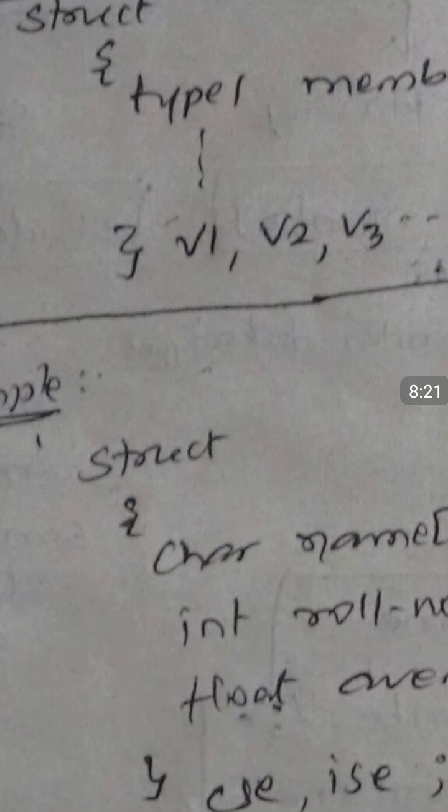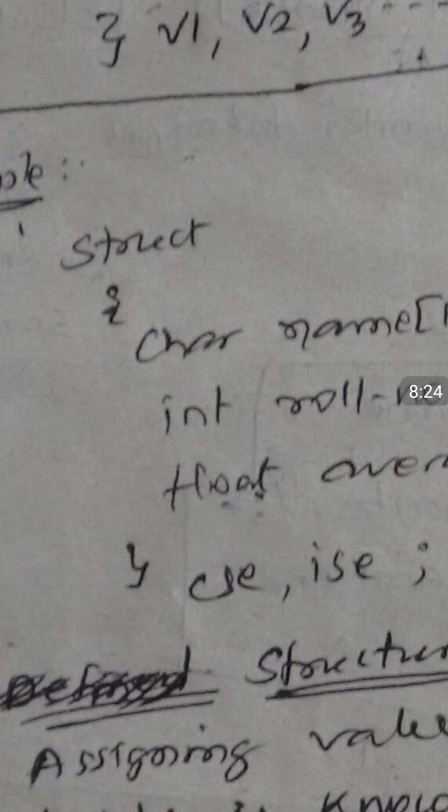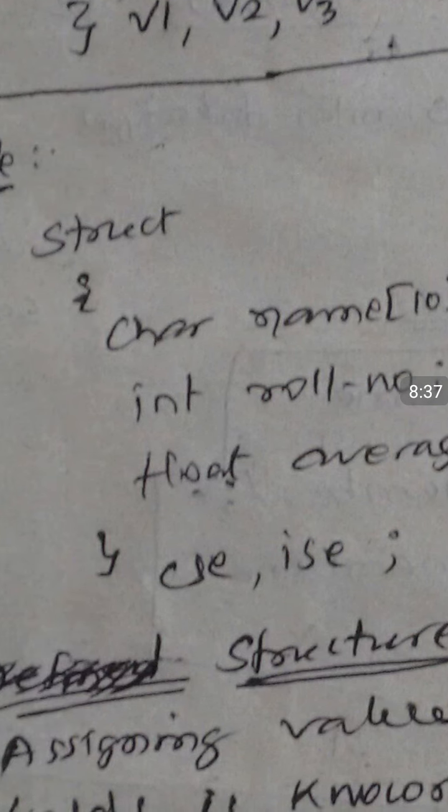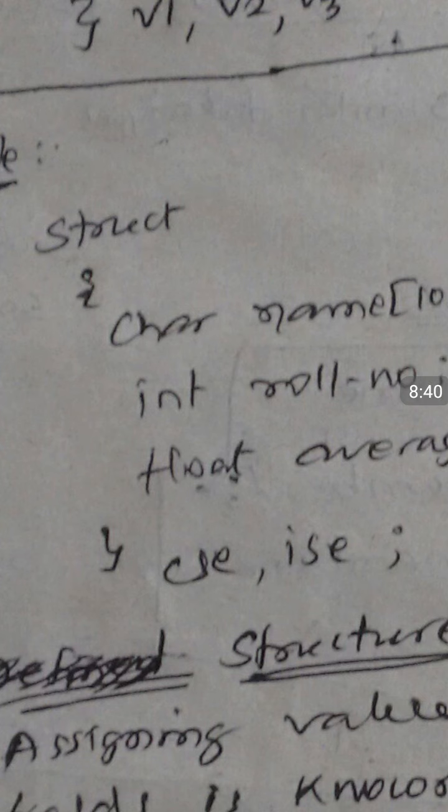Same way, I have given an example: struct is the reserved word, and here we use different basic data types: name is character type data, roll number is an integer, and average marks is a floating type. The structure name is student, and it is followed by the variables CSE and ISE. CSE is one variable having all these members: name, roll number, and average marks. Similarly, ISE is another structure variable, which has all the same content.